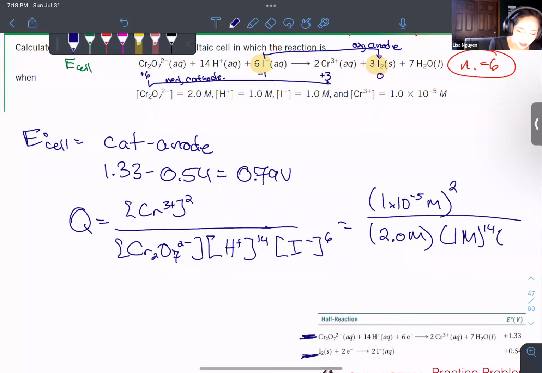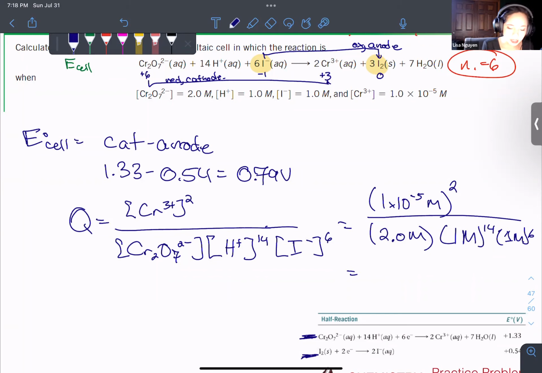And then iodide to the 6th, also just 1 molarity. All right, so all of those values, yes, they're big superscripts, but it's just 1 times 1, 14 times. And that's just 1. So when you calculate this, you're just doing 1 times 10 to the negative 5, squared, over 2 molarity coming from dichromate.